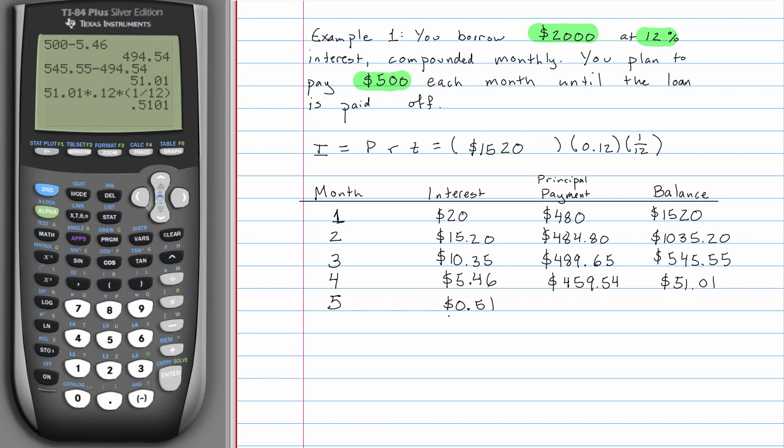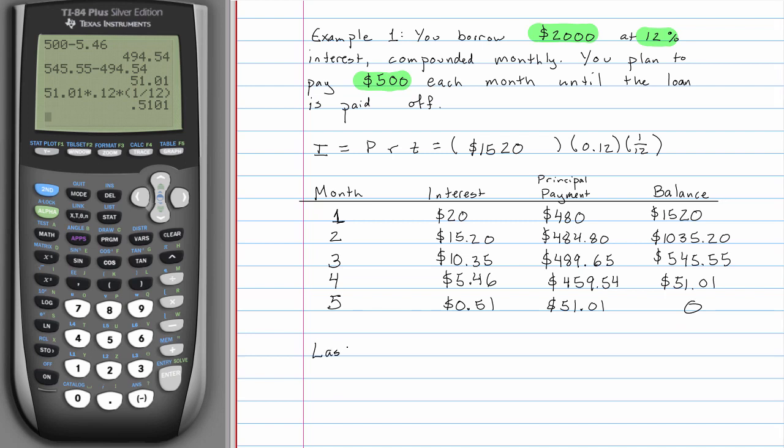What am I going to do in my last payment here, though? I don't owe $500 minus 51 cents. I'm just going to pay $51.01 on the principal, at which point I won't owe any money.